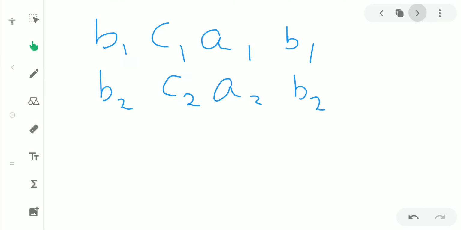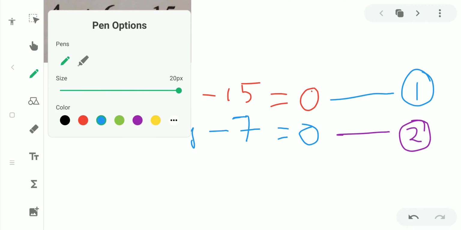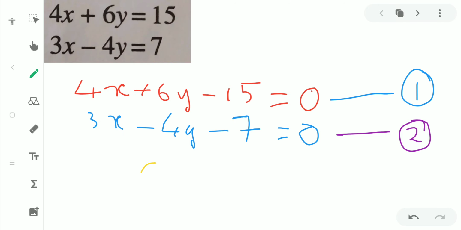So let me write it: b1 is nothing but 6, c1 is nothing but -15, next a1 is nothing but 4, next b1 is nothing but 6.